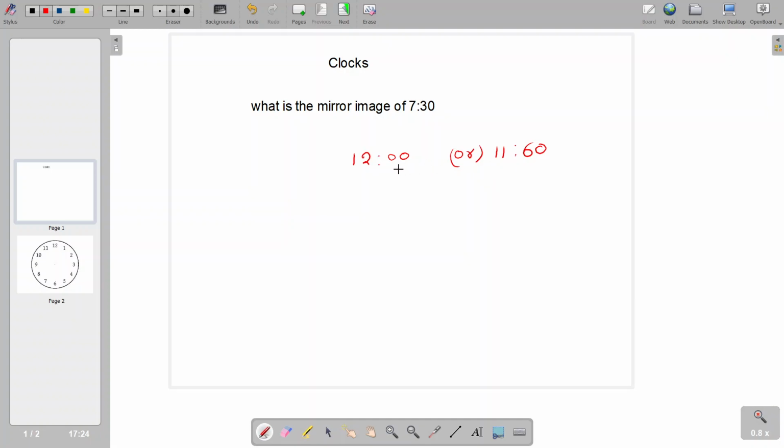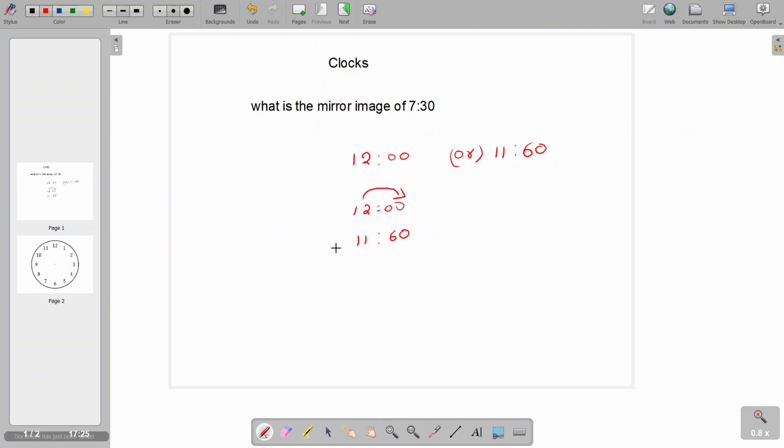Here if we observe, these two are the same. If we borrow 1 hour, 12 becomes 11, and on the right side we get 60 minutes. So 12:00 is equivalent to 11:60. So in competitive exams we have to use 11:60.